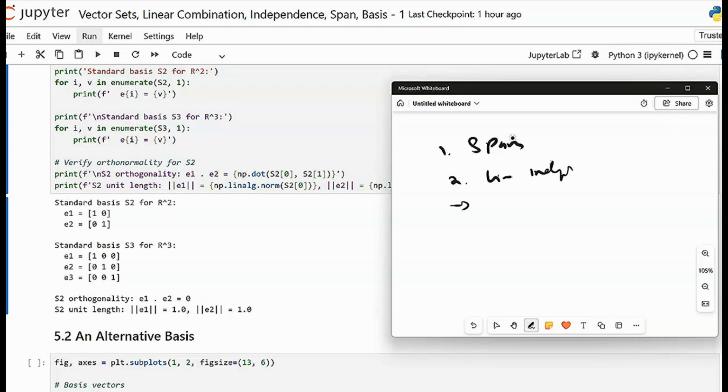Independent, of course, means no vector is redundant, and spanning means we can reach any point in the space. Here we took a point with coordinates P1 and P2 that can be written as P1 E1 plus P2 E2. So these coordinates are just weights in a linear combination.